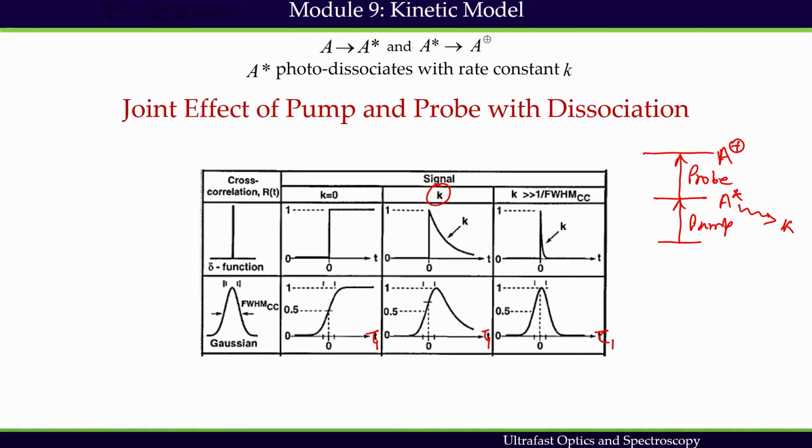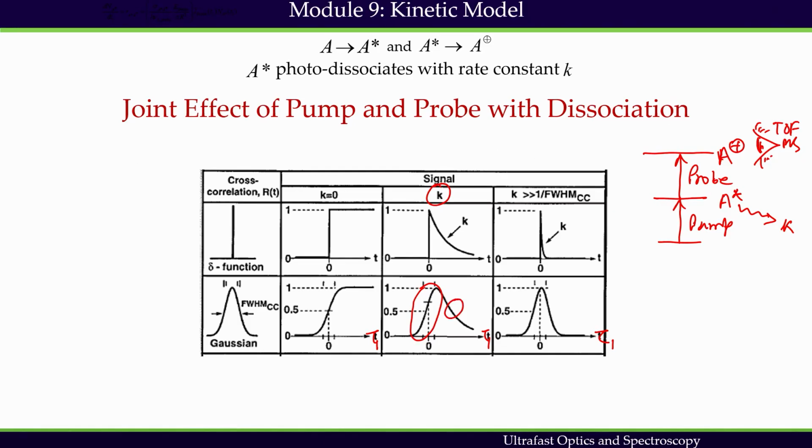So if we look at this, then what will happen? We will see that in the early part, the total ion signal behaves like an error function, and the later part would be the dissociation.